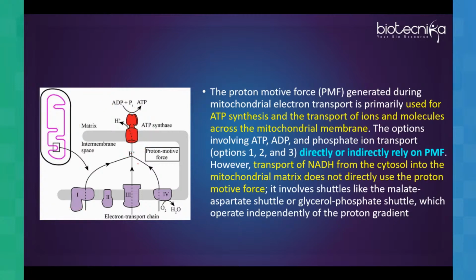Even if the protons have not accumulated, or even if the H+ ions have accumulated, it will not depend on that, because NADH is just giving away the electrons to complex I of the electron transport chain.